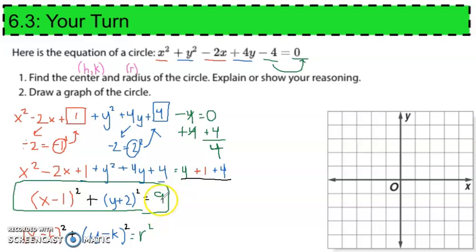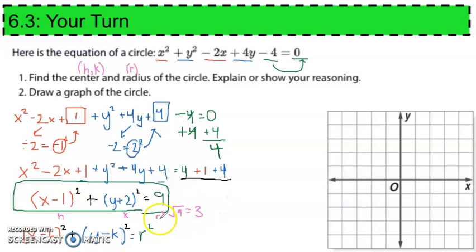So if we're looking down at this equation that we just went through, our h is the first term if we remember back to our notes, our k is the second term if we look back at our notes, and then our r squared, this one is actually r squared, and so we're going to have to take the square root of 9. So we're going to take the square root of 9 to find our r, which is 3.